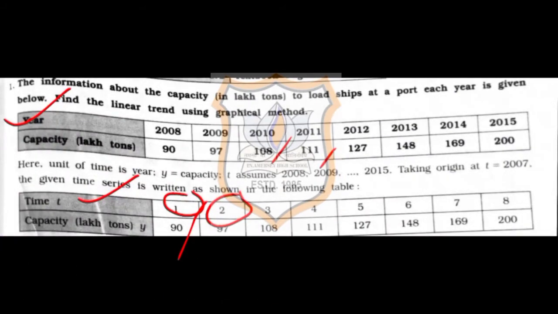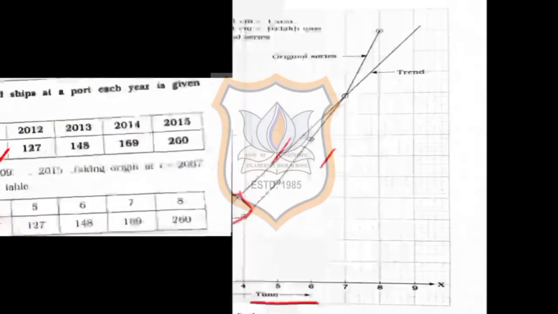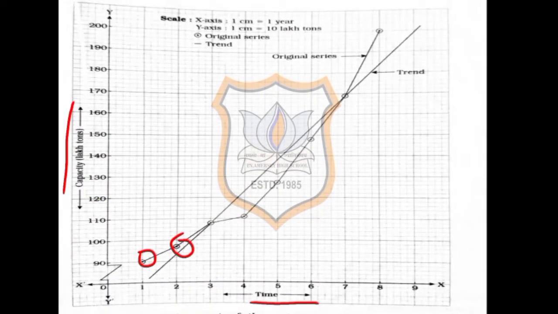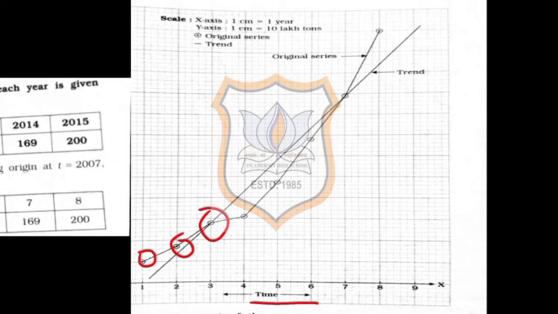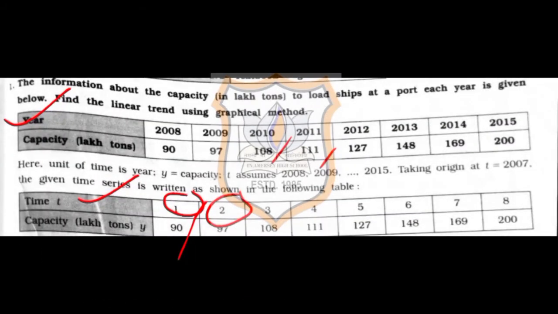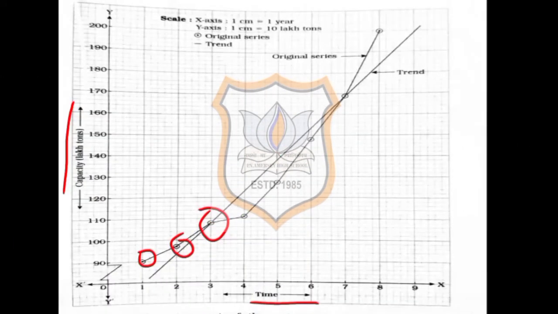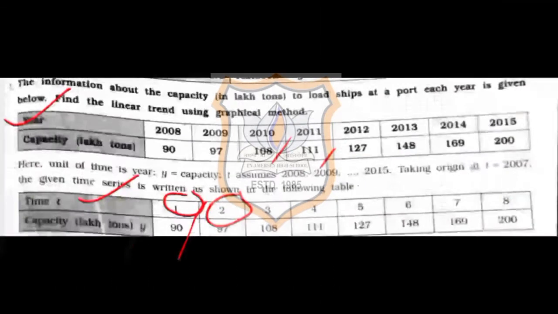Third is 108. So 3 and the capacity is 108. Now 4, it is 111. So for 4, the capacity is 111. So this is the point. For 5, it is 127.